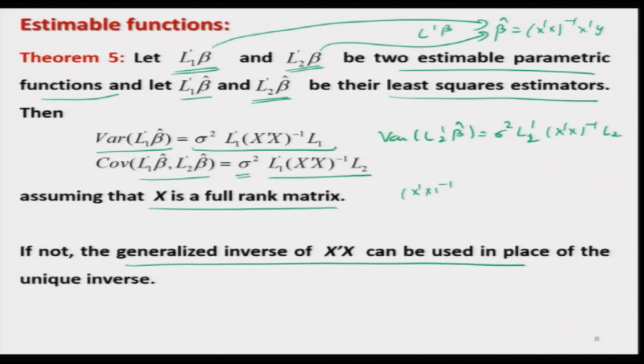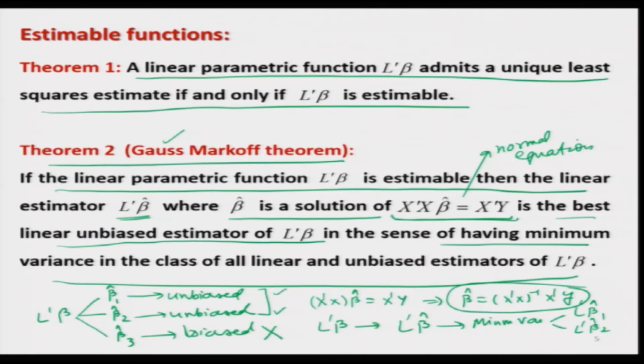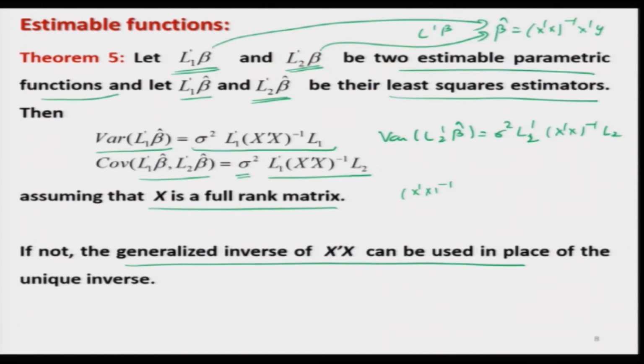Now before I give you another result, let me tell you one more thing. Whatever theorems I have done here, theorems 1, 2, 3, 4, 5, I have given you only the statements, but definitely these theorems have a mathematical proof also.